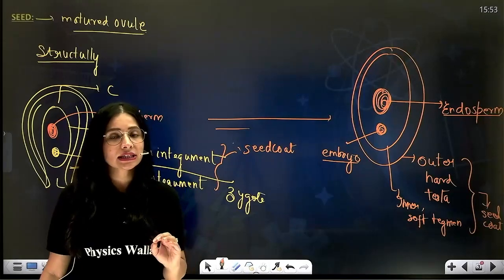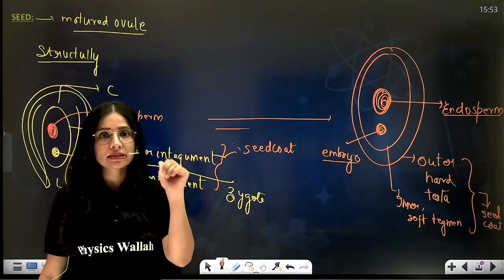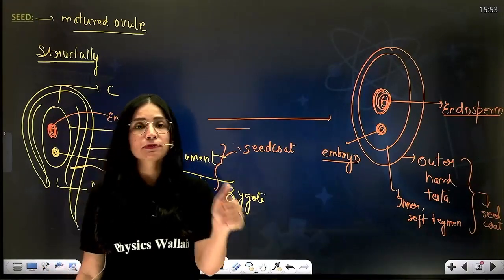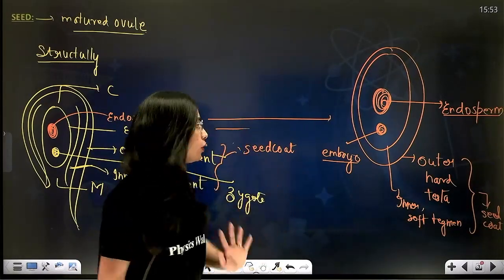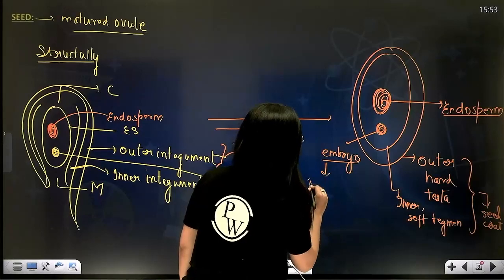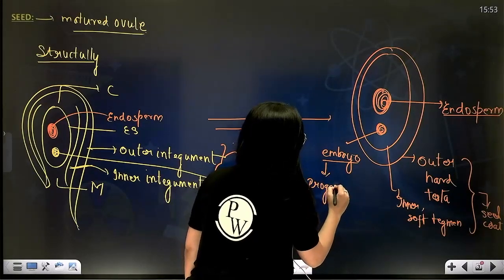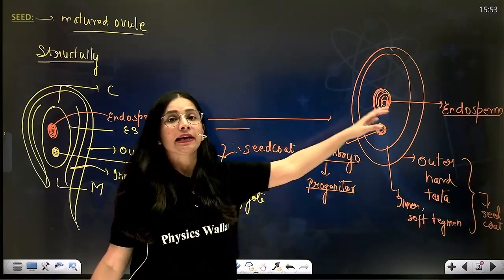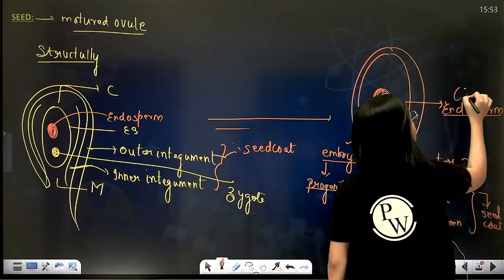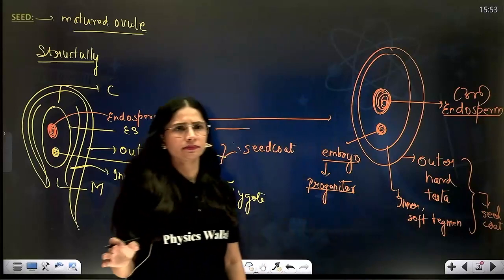So structurally, seed consists of 3 parts. Seed coat, which develops from the integument, that encloses the diploid embryo. This embryo is basically the progenitor of the new generation, plus the third, triploid tissue called endosperm.